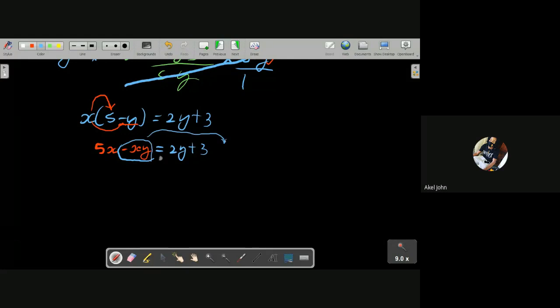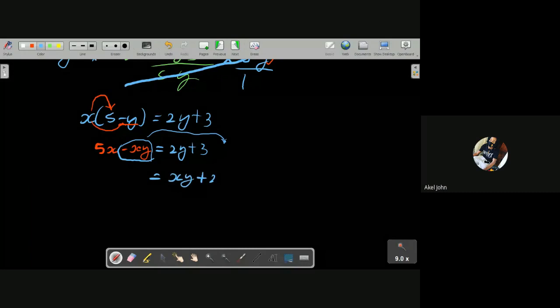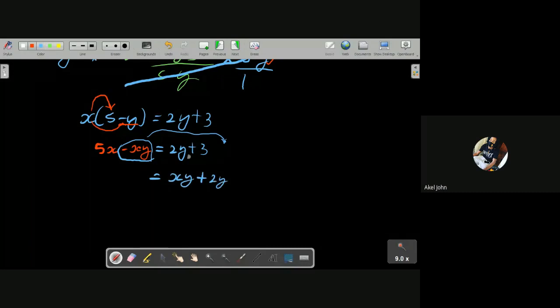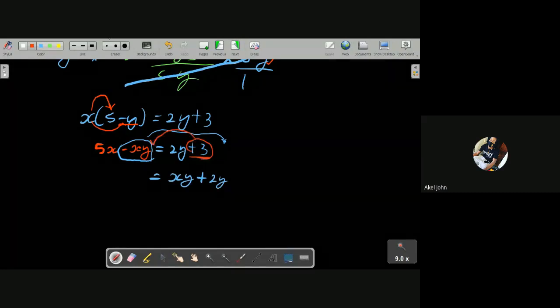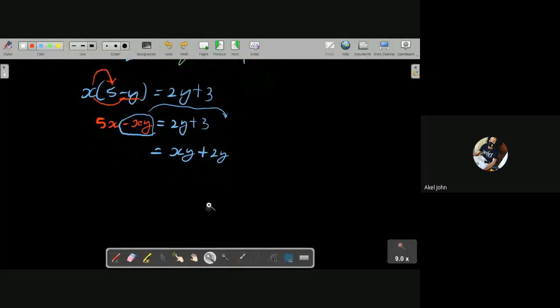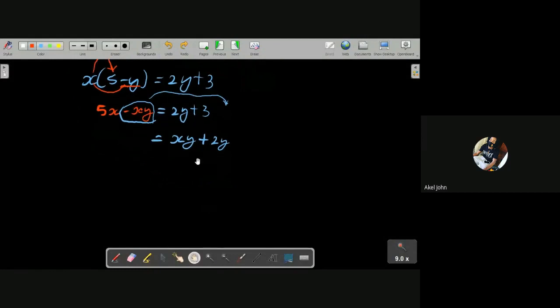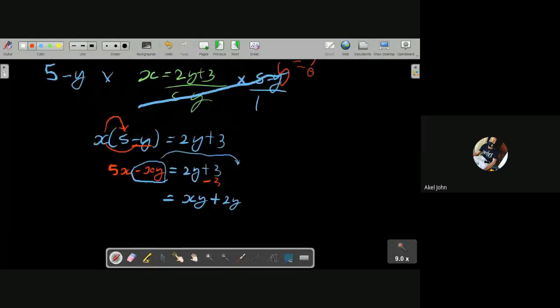So that would give me positive xy plus 2y. And I'm taking the 3 and bringing it across over here. So this would be 5x minus 3.